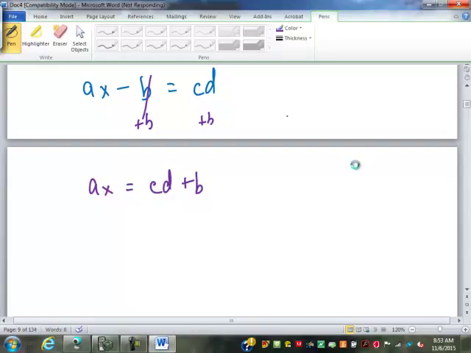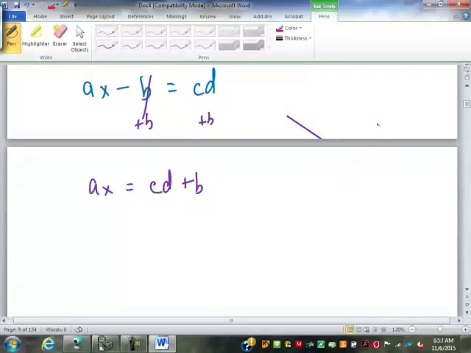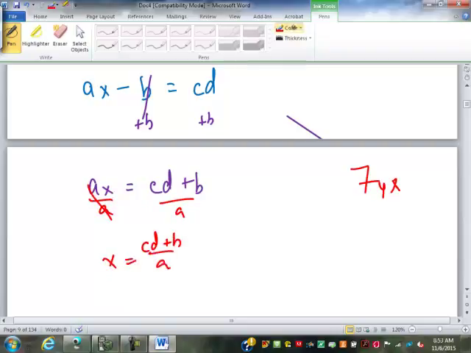Like you would never have 7yx. It would be 7xy when you're multiplying and put them alphabetically. But yeah, b plus cd would be the same thing there. Divide by a. X equals cd plus b over a. Pretty cool. Like that.